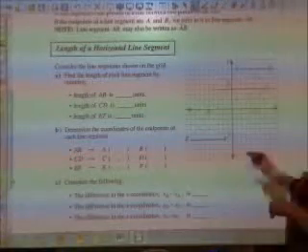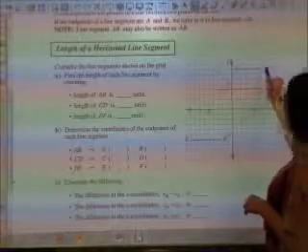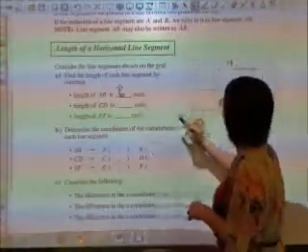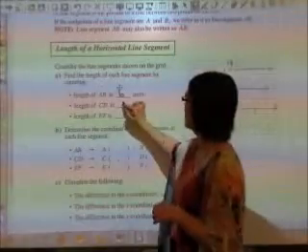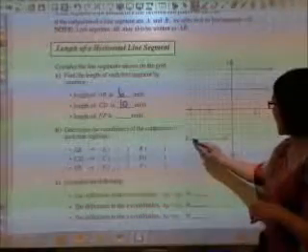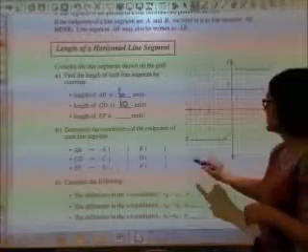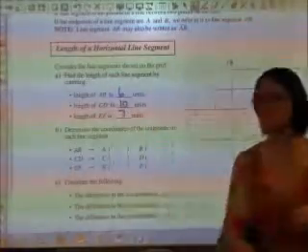So the length of line AB would be 6 units. CD would be 10 units. And EF would be 7 units. Part B, what I want you to do is I want you to pause and then write in what the coordinates of each of the line segments are.